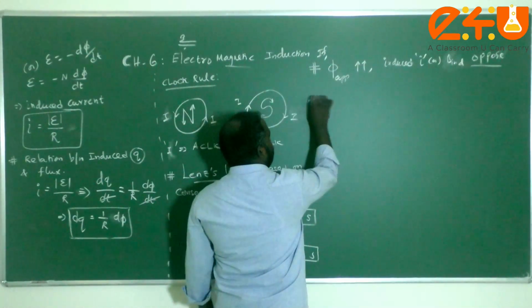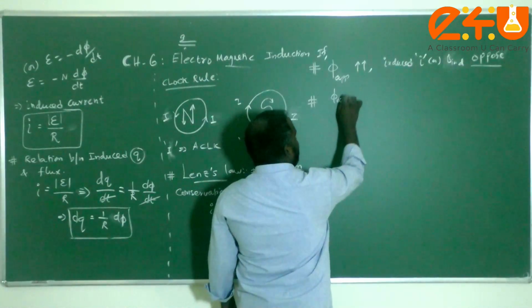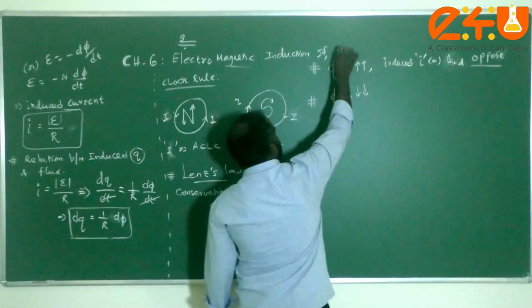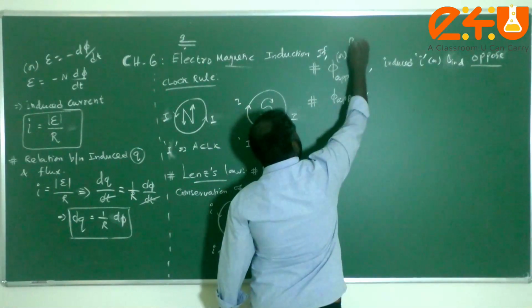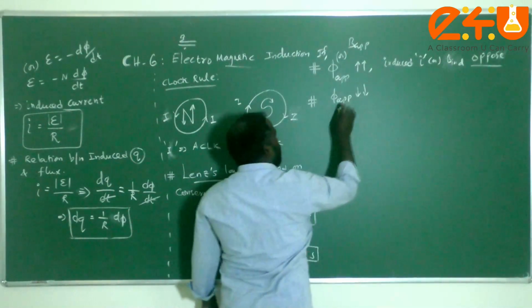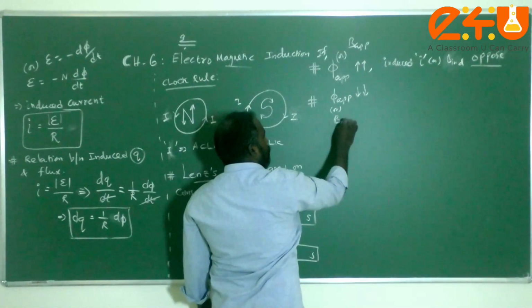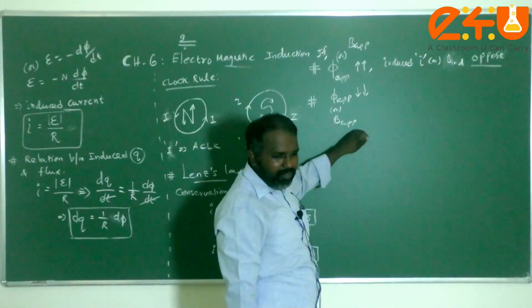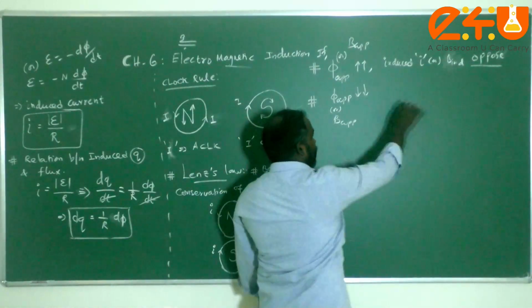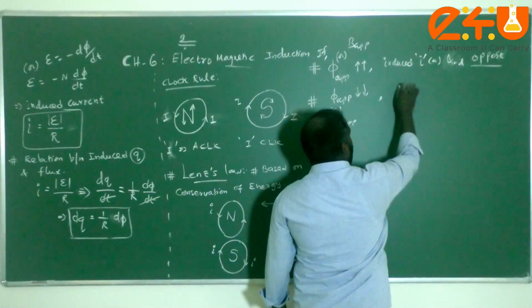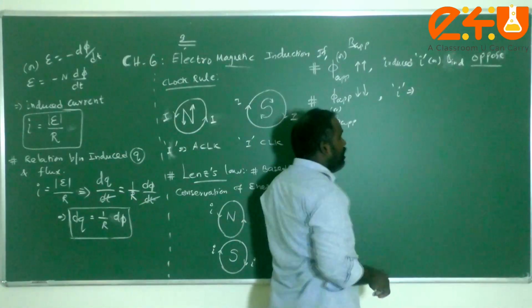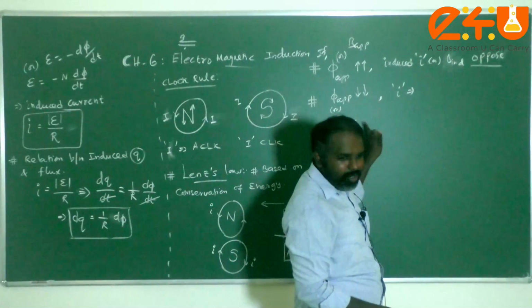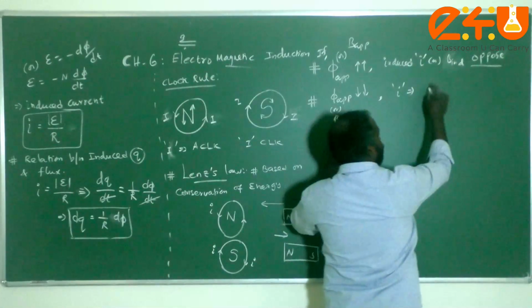Suppose the applied magnetic flux or field decreases. Here I am writing B applied. When the applied flux or field decreases, the induced current will flow in such a way that it produces its own magnetic field that will support this applied field.